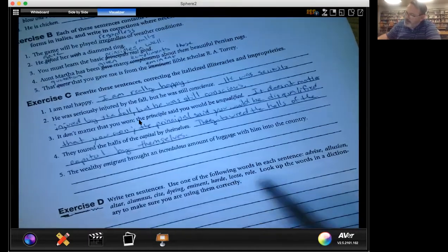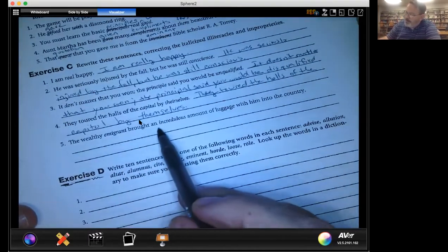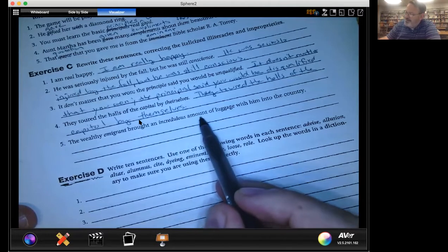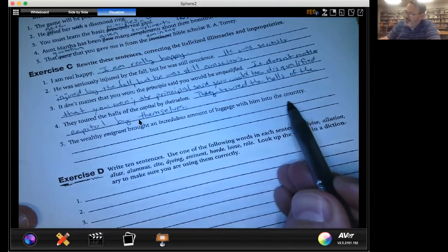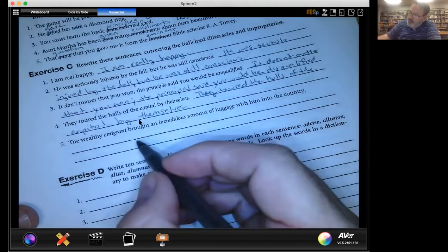Okay. "The wealthy immigrant brought an incredulous amount of luggage with him into the country." That should be immigrant with an I, I-M-M.